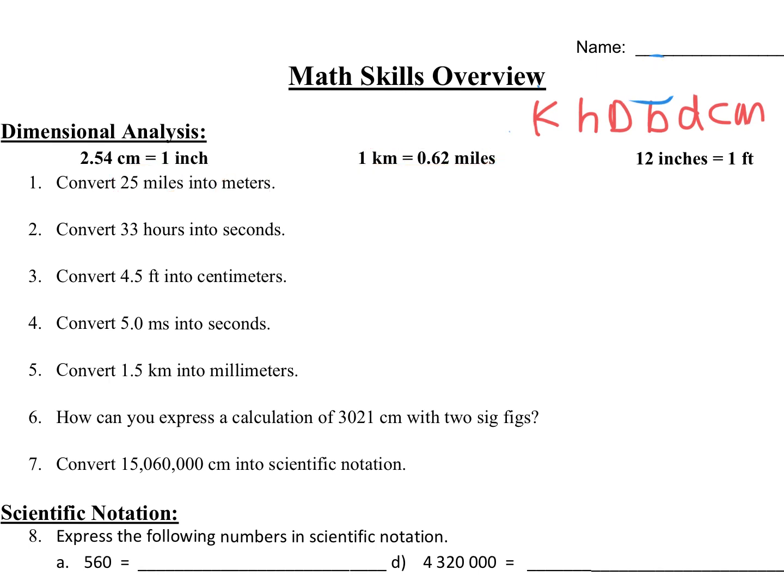Checking out number 2, we want to go from 33 hours to seconds. Now notice there's no conversion factors up on top for hours to seconds, but I do expect you guys to know that, right, for every 1 hour, there is 60 minutes. And then we also know that for every 1 minute, there is 60 seconds.